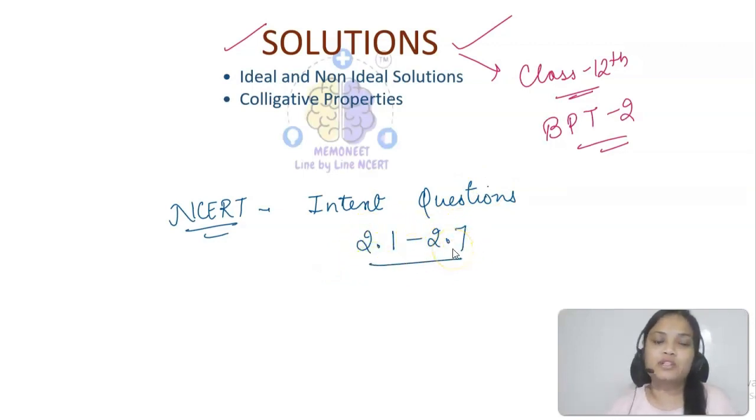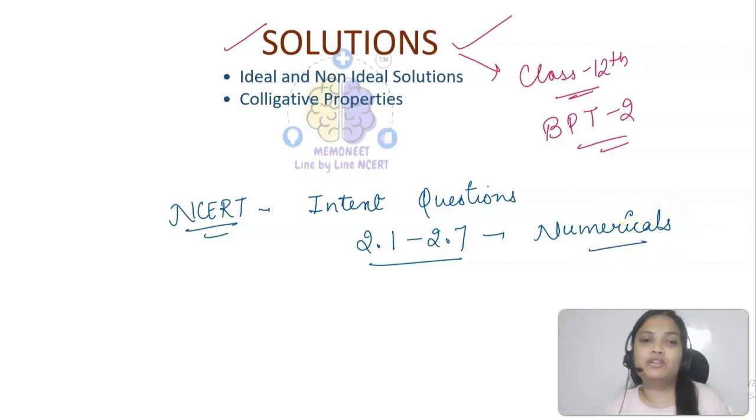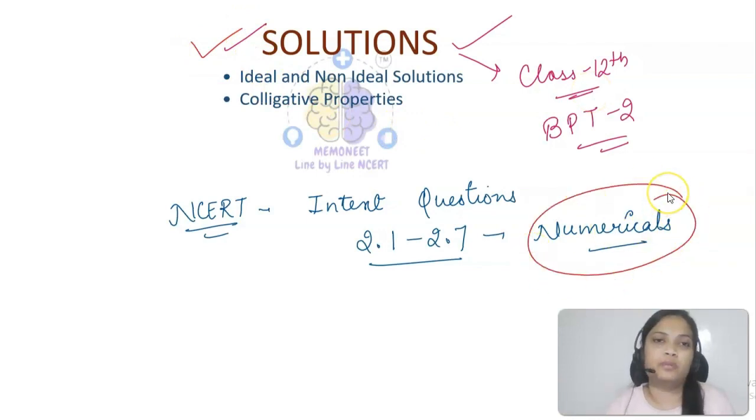That means 7 questions you have to solve, and all these 7 questions are numericals. The reason I am telling you to solve these is that the questions coming in your NEET examination from this particular chapter are mainly numerical problems. So solve these in-text questions so that you can get an idea of how we are going to solve these numerical problems.